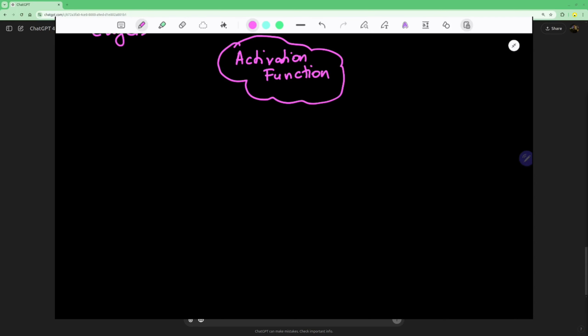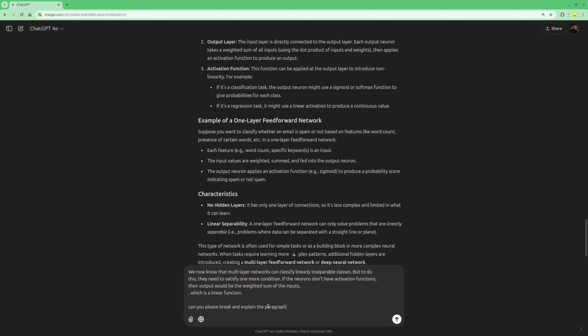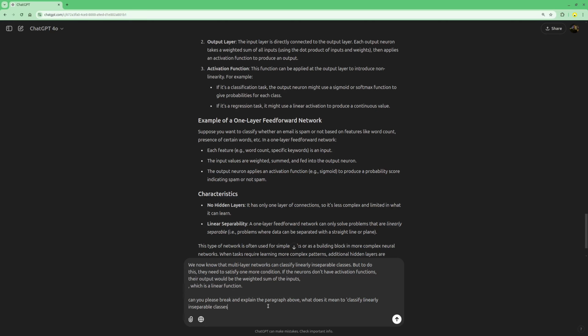So there's something in the book that really confuses me. Can you please break down and explain the paragraph about what it means to classify linearly inseparable classes?